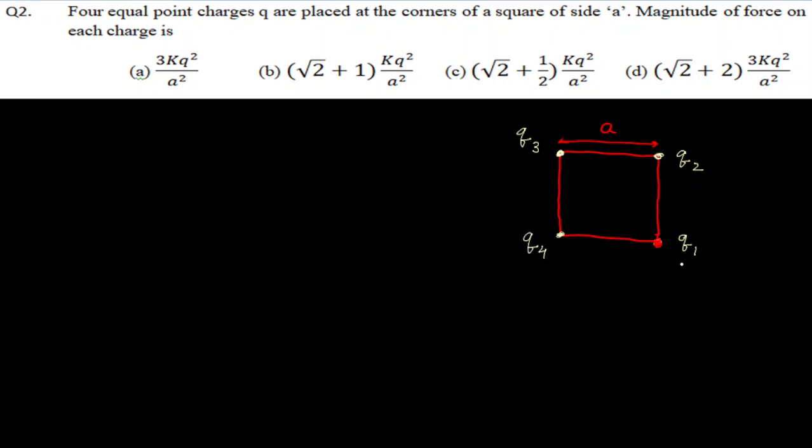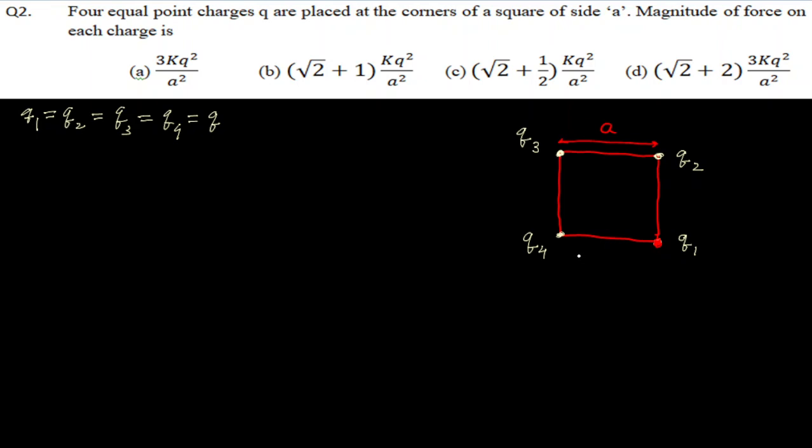But according to the question, Q1, Q2, Q3, Q4 all are the same, and that is equal to Q. So let's write it this way: Q1 equals Q2 equals Q3 equals Q4 equals Q.